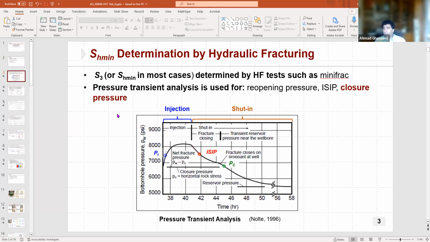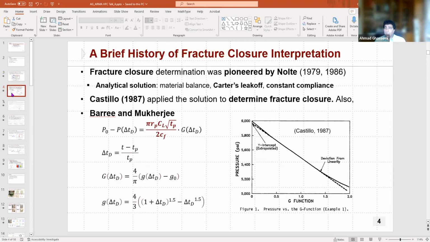And the process involves interpretation of the pressure transients post shut-in or during reinjection to ascertain ISIP, reopening pressure, and closure pressure, the latter being the most commonly used parameter to represent the minimum in-situ stress.